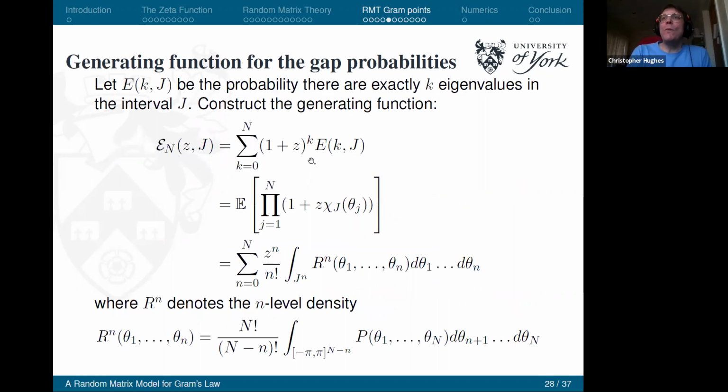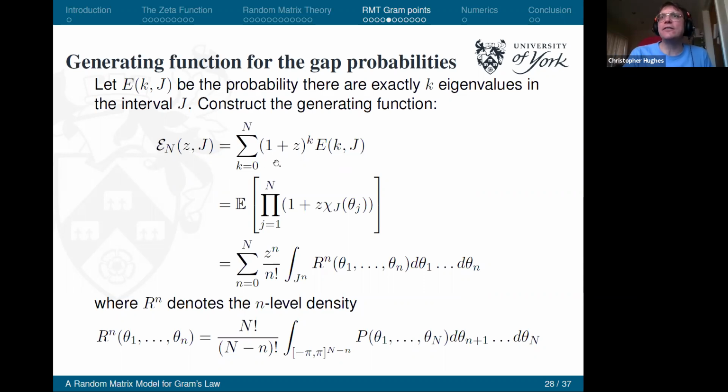What we want is this term, E_{k,J}, the probability that there are exactly k eigenvalues in some interval J. That's what we want. And as I said right at the start, with things like the nearest neighbor spacing, it's really messy to calculate these. So what we do is we turn them into a generating function.